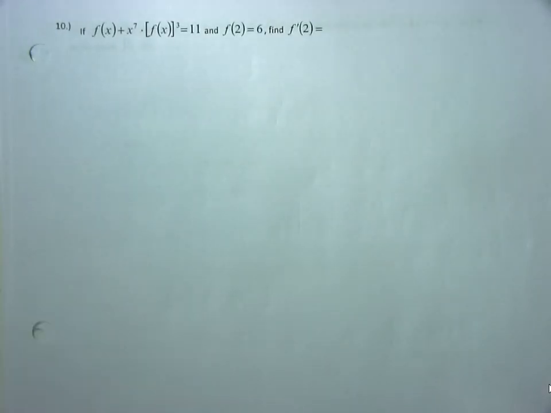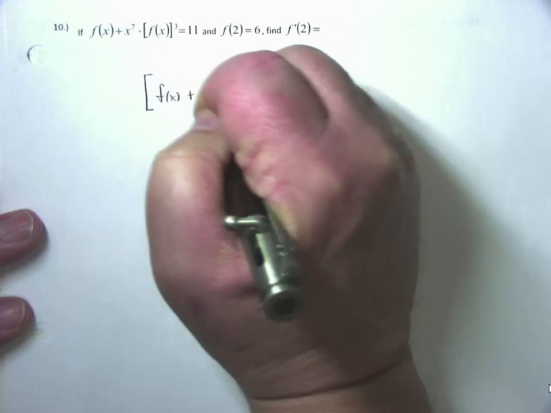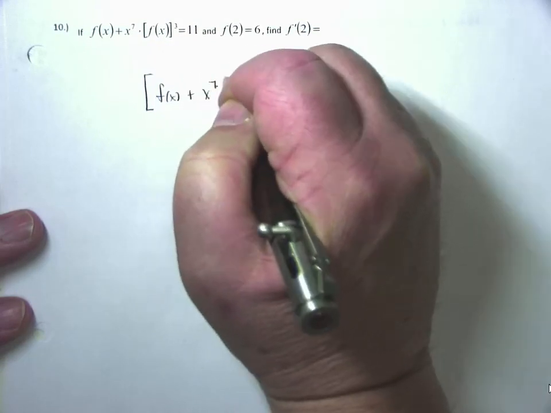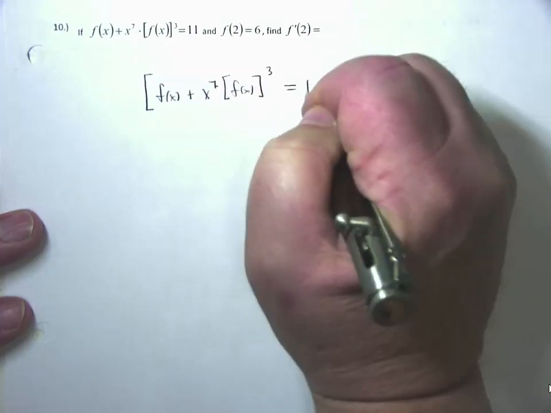Here we go. Here's another one. If f of x plus x to the 7th times f of x cubed equals 11 and f of 2 equals 6, your mission, find f prime of 2. All right. f of x plus x to the 7th times f of x raised to the 3rd power equals 11.